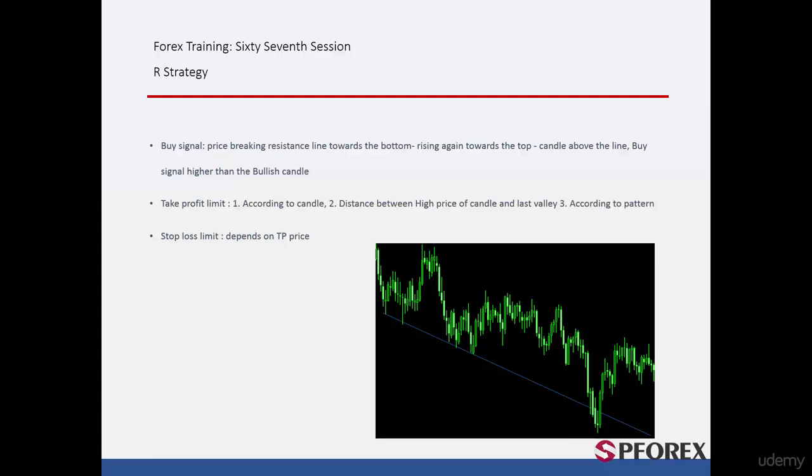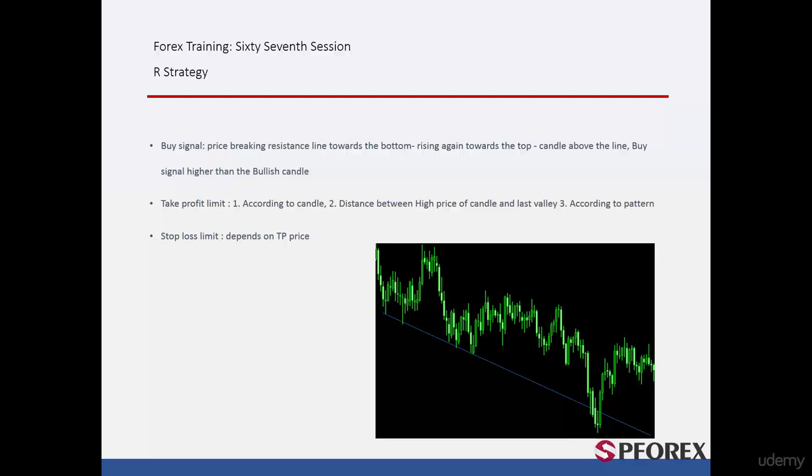Thus, a trader can consider a TP price x2 pips higher than the entry price. 3. If a powerful pattern forms in this region, a trader can consider the third TP price via this pattern. SL price can be determined considering the TP price that a trader selects.